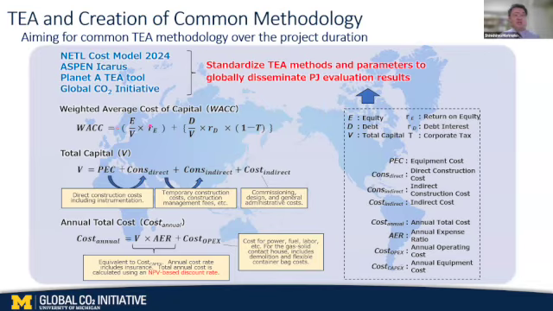I think for a person working on TEA, this is a very familiar formula. And also the total capital cost and the annual cost, all these methodologies were adopted inside the tool, which has been harmonized within the global collaboration.